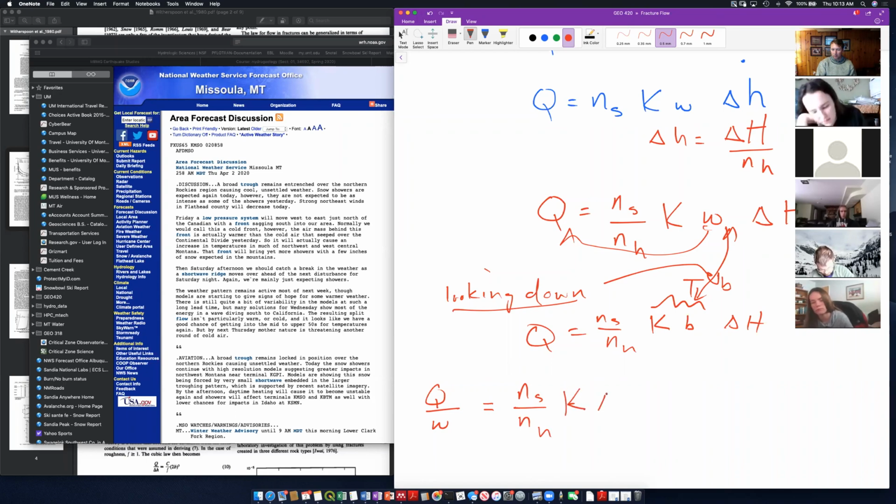Because you didn't give us a width, we can't use transmissivity, because transmissivity includes the thickness. That's why you can't use that equation. Transmissivity includes the aquifer thickness.